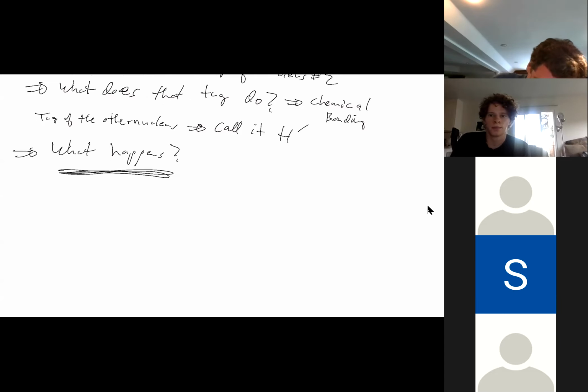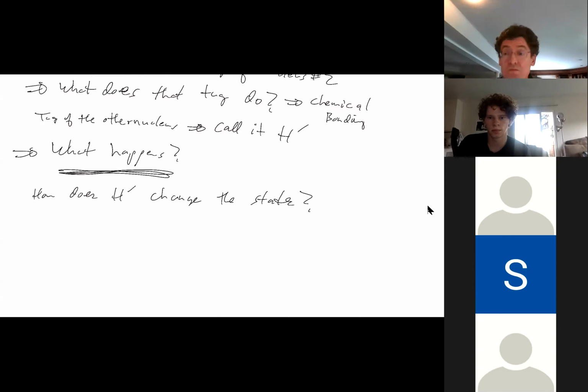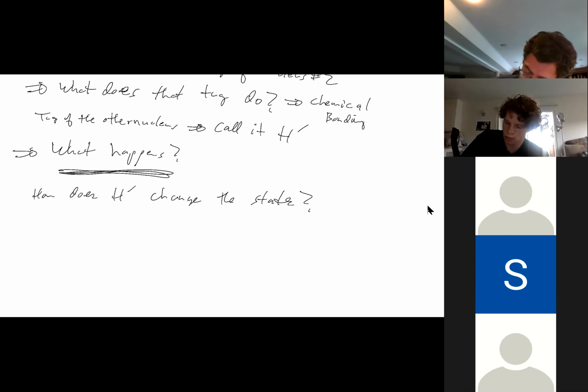So how does the presence of that tug change the states? Okay, so basically what you would do is you would say, well, that's simple. I'll just do perturbation theory.